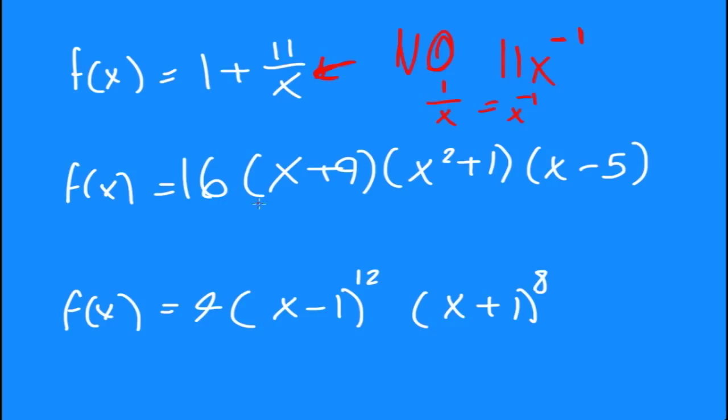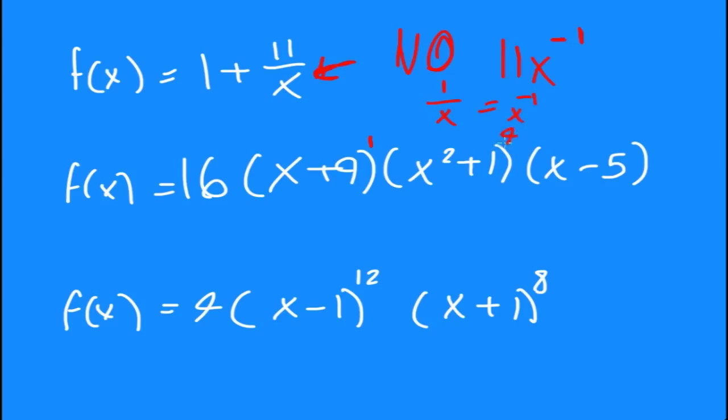Next one. Is it a polynomial? Yes, it is a polynomial because it has degrees. This one has a degree 1, and this one has a degree 2. Oh, this was squared, I'm sorry. So 2 times 2 equals 4.